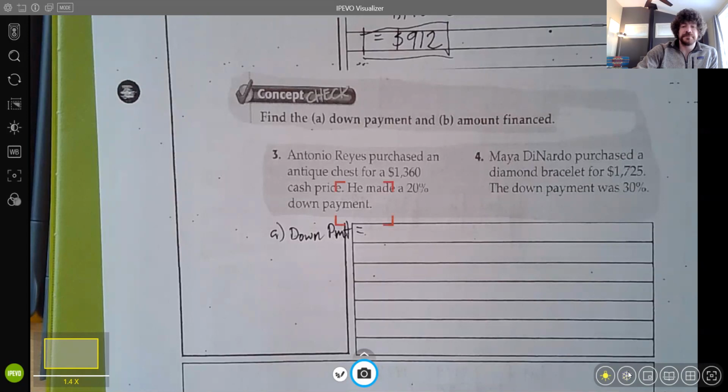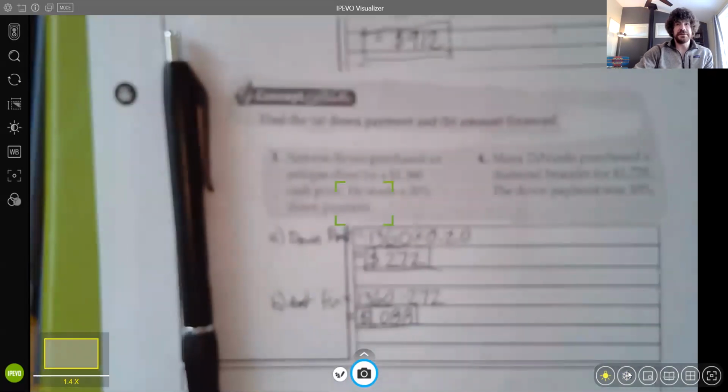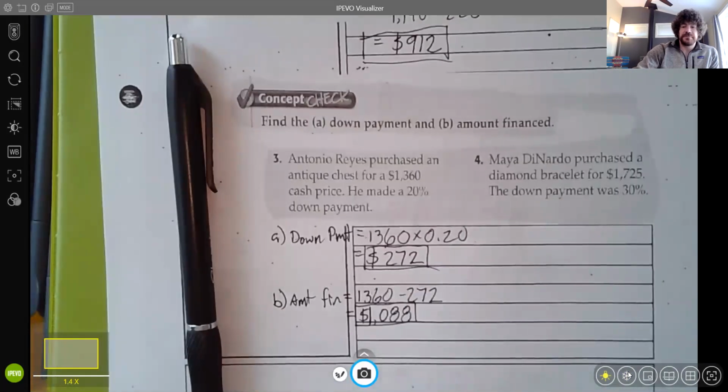Excellent. So $1,088 is the amount financed. Great.